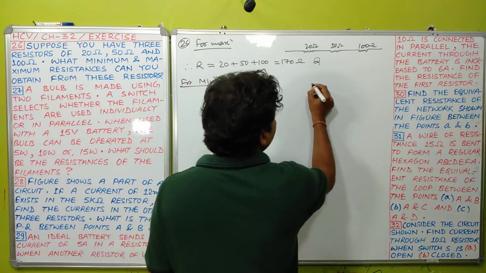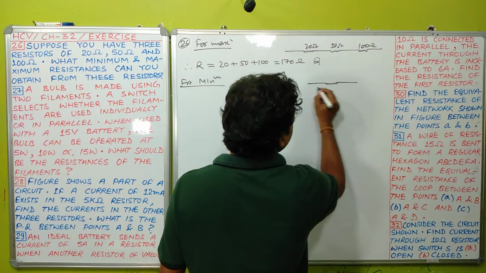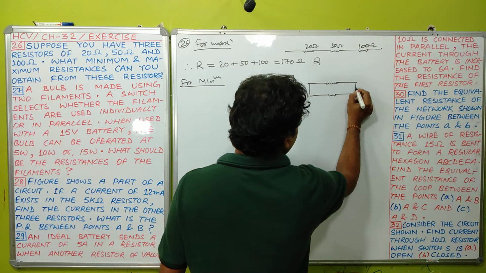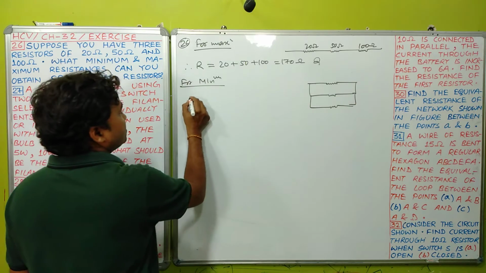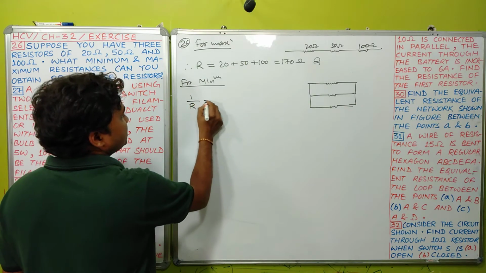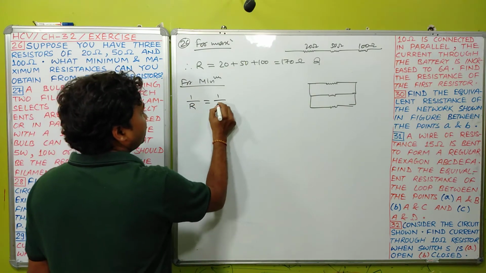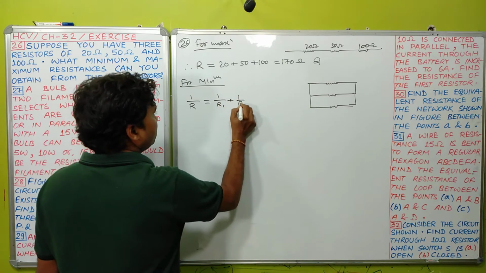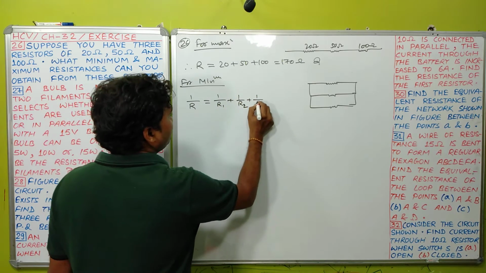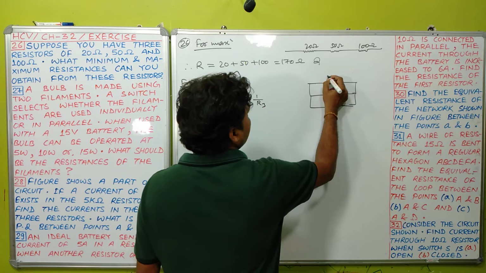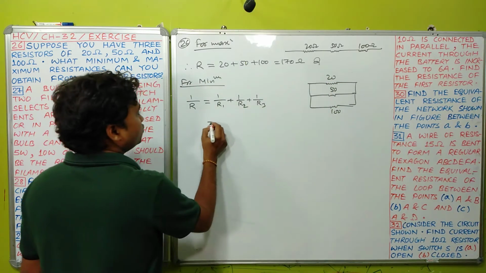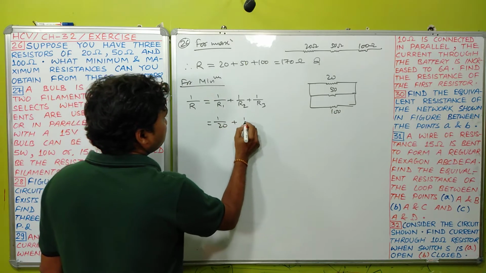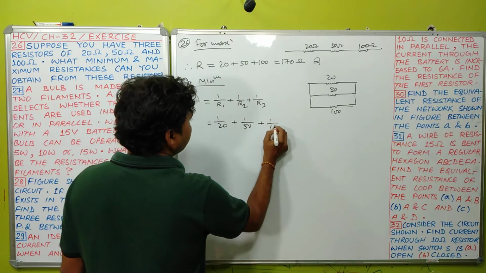value, student, we will connect these resistances in parallel like this. Okay, now in this case, for getting equivalent resistance, we use this formula: 1 by R equals 1 by R1 plus 1 by R2 plus 1 by R3. This is your 20 ohm, this is 50 ohm, this is 100 ohm. So this is now 1 by 20 plus 1 by 50 plus 1 by 100.